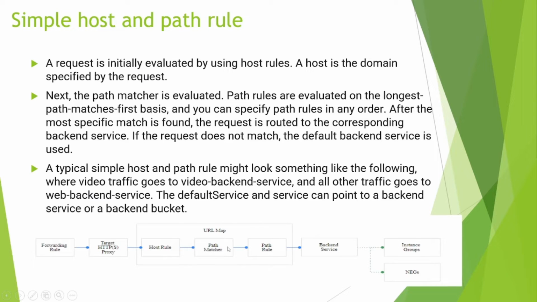If we have defined video, it will check the path rule and decide which backend service to choose. For video, it goes to the video backend service, and for audio, to the audio backend service, and if it doesn't match any path, we must have a default service, so it will forward the traffic to the default service.